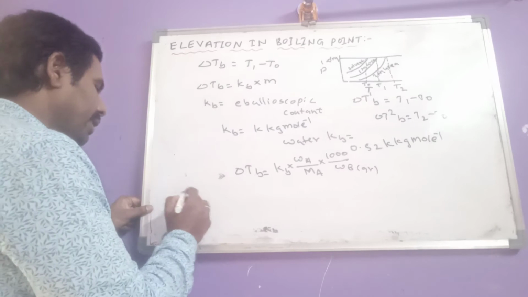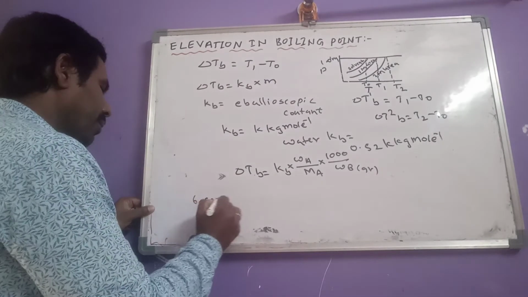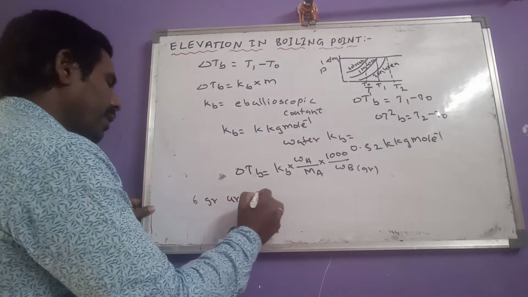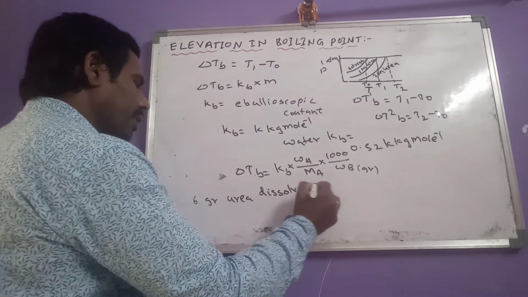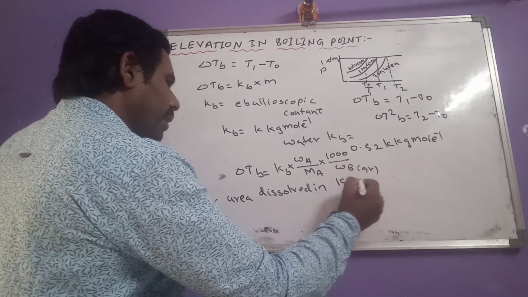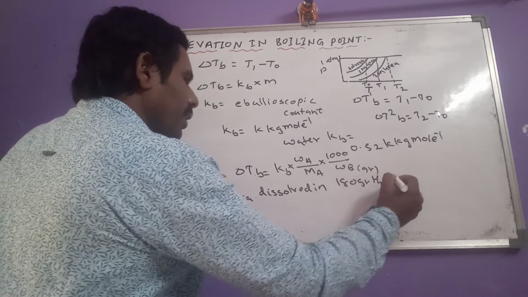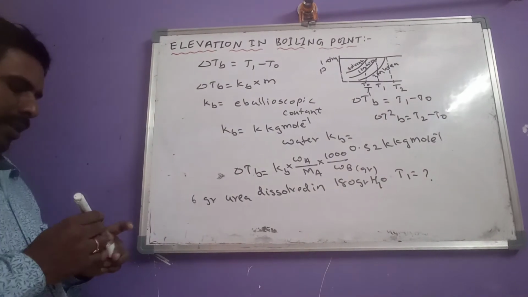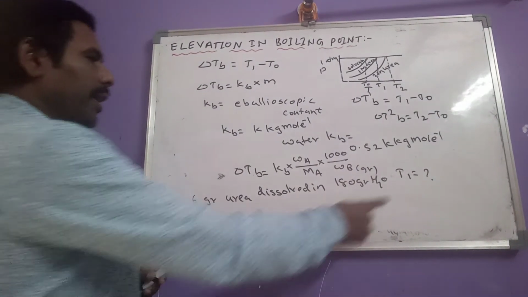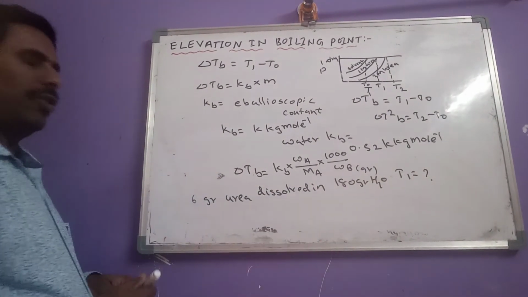So see here, when 6 gram urea is dissolved in 180 gram water, what is the boiling point of the solution? Now we need to determine the boiling point of this solution.